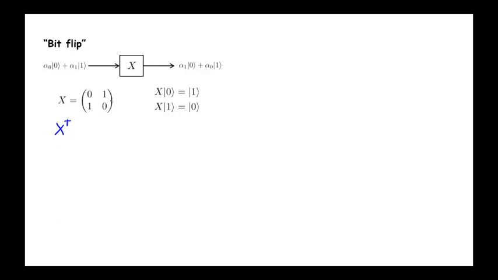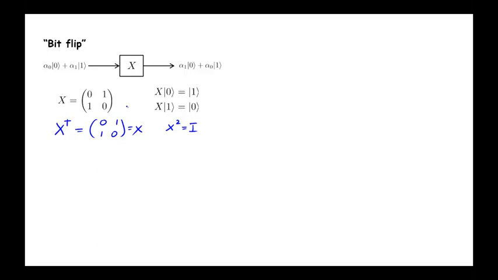But now, since X is real and symmetric, when you do the conjugate transpose, you'll just get back X itself. And in fact, you can even check that X times X dagger, equal to X dagger times X, is just the identity. So it is in fact a unitary transformation.